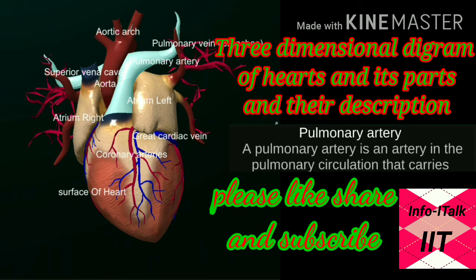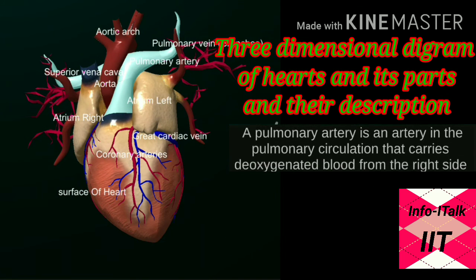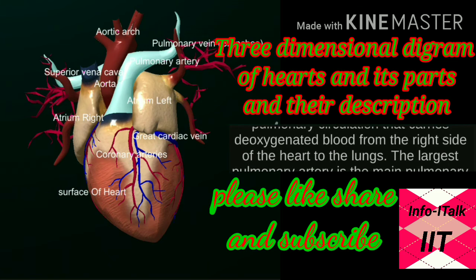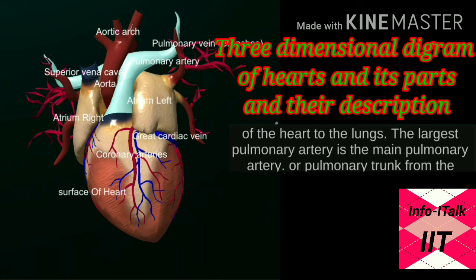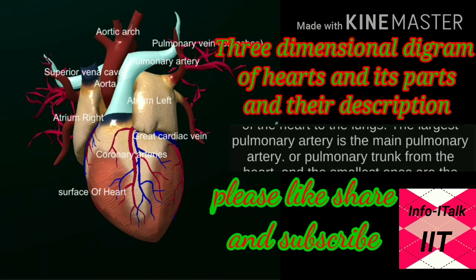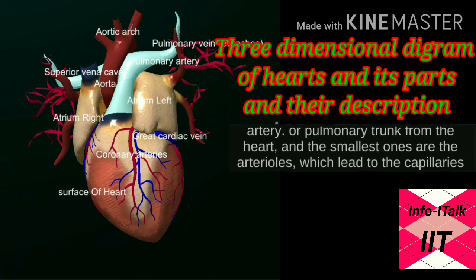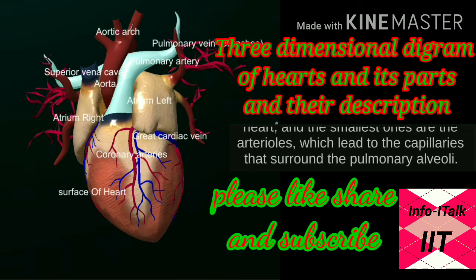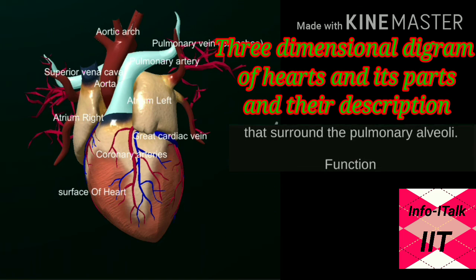The pulmonary artery is an artery in the pulmonary circulation that carries deoxygenated blood from the right side of the heart to the lungs. The largest pulmonary artery is the main pulmonary artery or pulmonary trunk from the heart, and the smallest ones are the arteries which lead to the capillaries that surround the pulmonary alveoli.